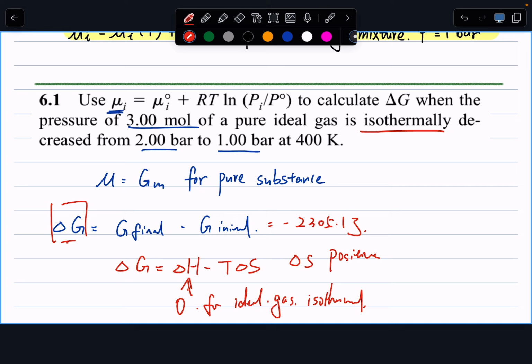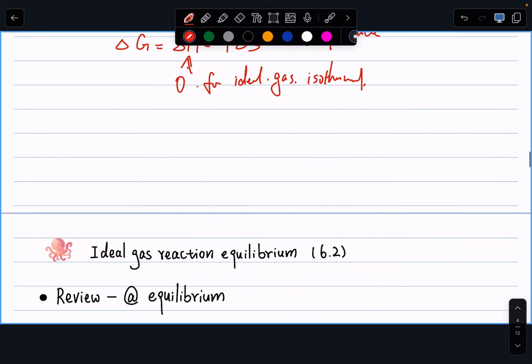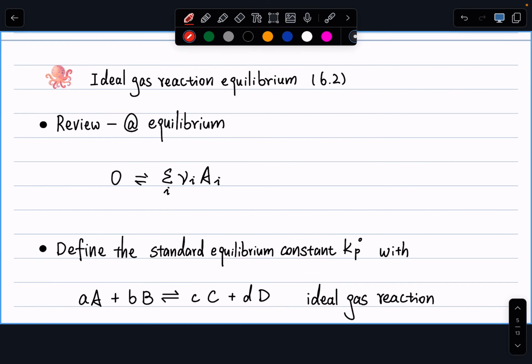So this is the part where we defined the ideal gas mixture. We built a link between the ideal gas mixture and the chemical potential of pure substances with the partial pressure defined. And now we're ready. Once we have a mixture of my A, B, and C, we're ready to describe the chemical reaction between my ideal gas mixtures.